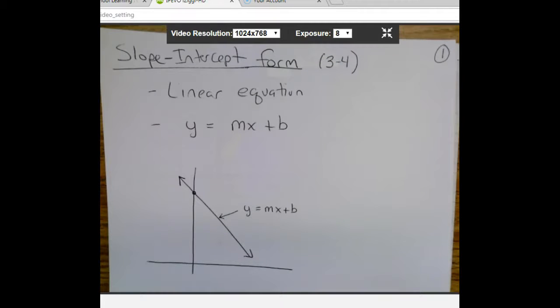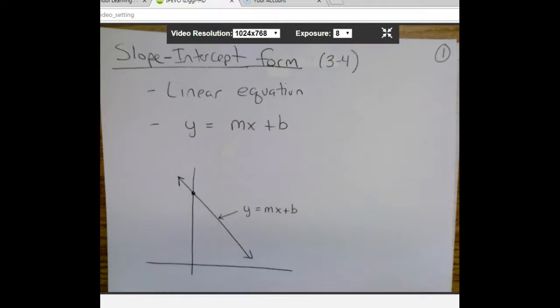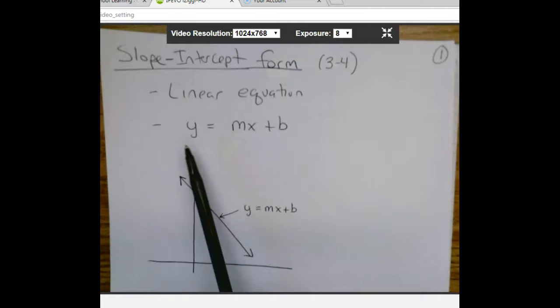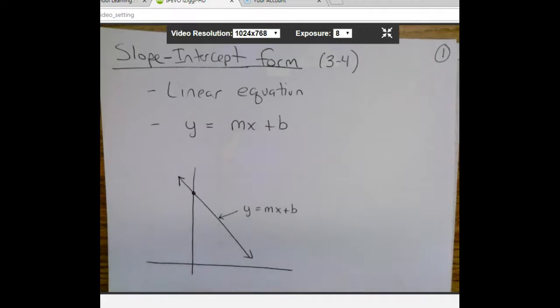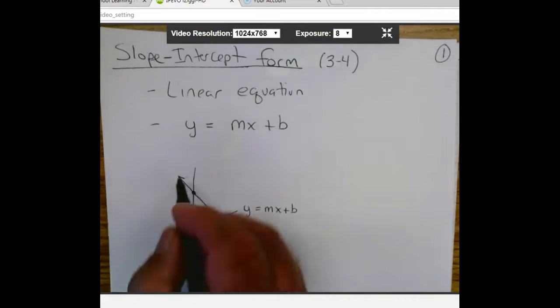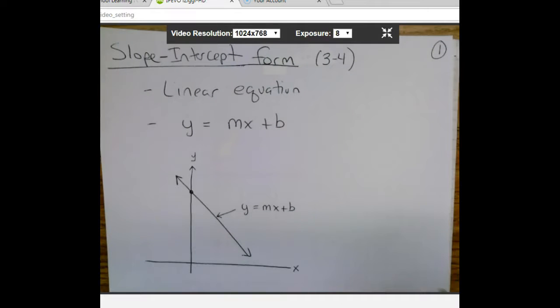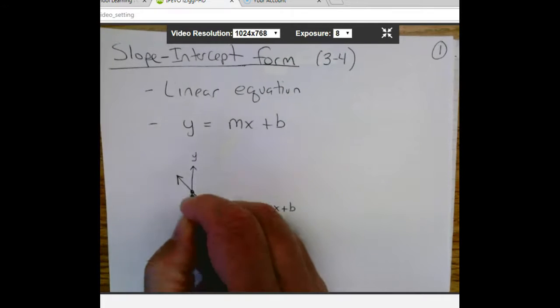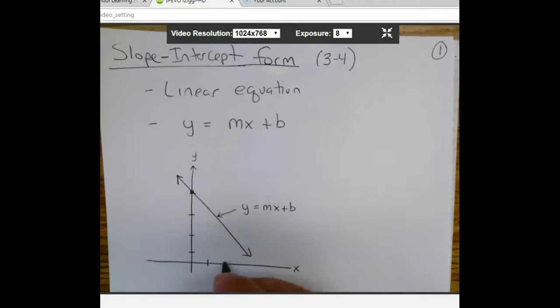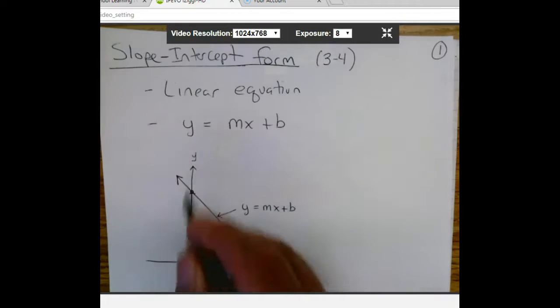And you should kind of see some things that are common to linear equations. One of them, it has a y and it has an x. And what these refer to are any points within the coordinate plane. Because if you remember, if you look at this axis here, this is the y and this is the x. And if you take this point right here, we could figure out maybe it's 0, 4.